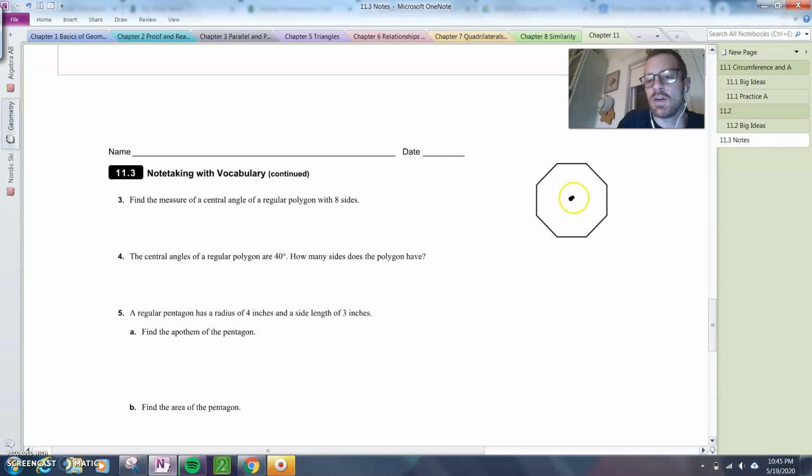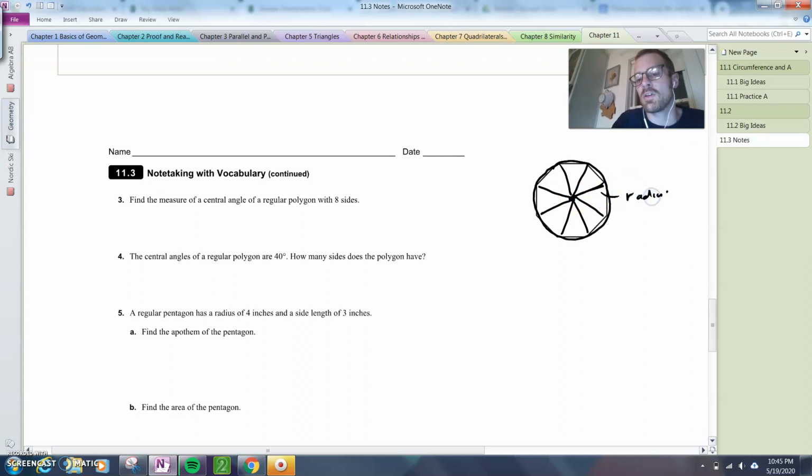Remember in the notes, when we're talking about area of a regular polygon, we need to inscribe that polygon, meaning we're going to put it in a circle. And therefore it's going to have a center. And remember, when we need to find this area, we're going to break the polygon down into congruent triangles. And remember that each segment from the center to a vertex, these are all radii.